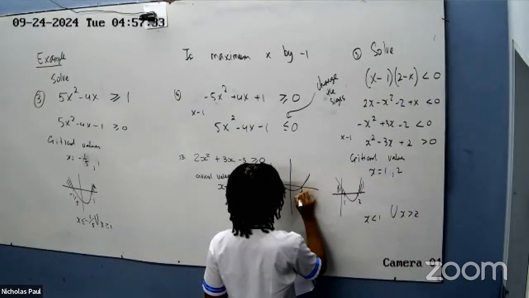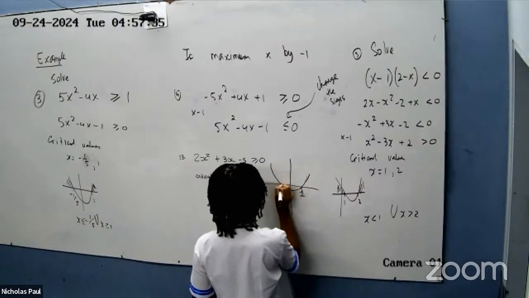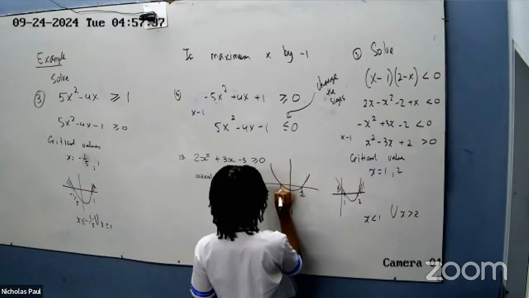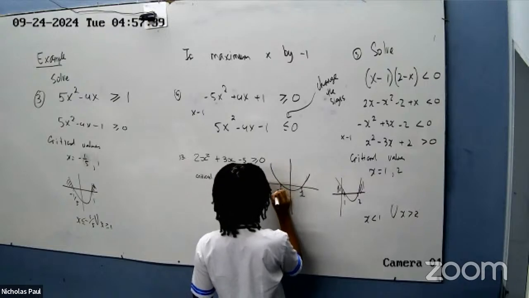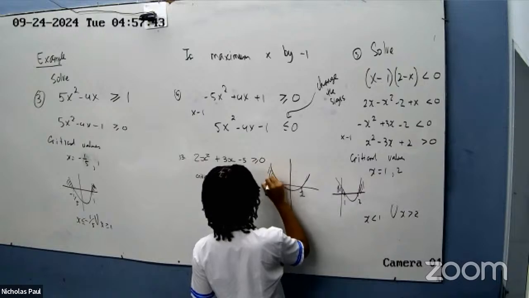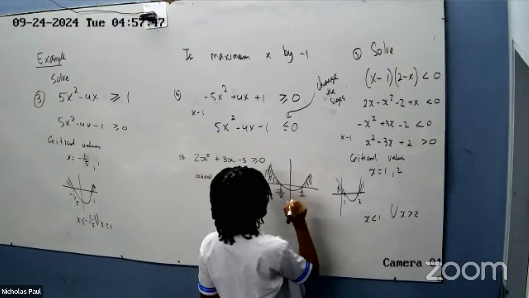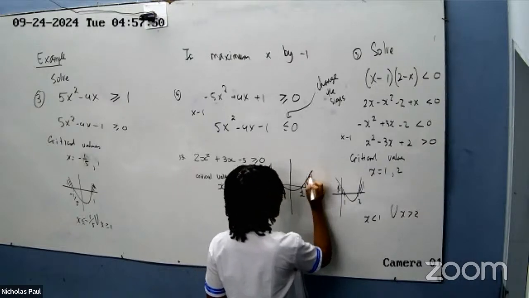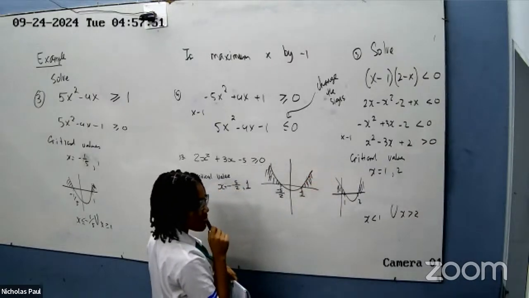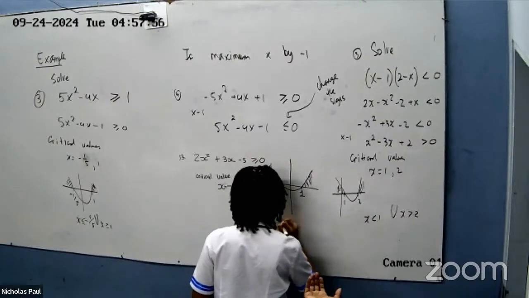It's more than 2, right? So she was bigger than k. Right? And then write the answer. So she shaded more than, she got the answer now.